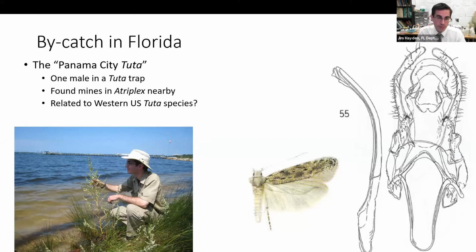It's really cool for us because Western radiations of moths that are diverse in the West, like in California, sometimes have vicariant representatives in Western Florida. And this might be such a case. But it's hard to get out there because nobody has the time and money.